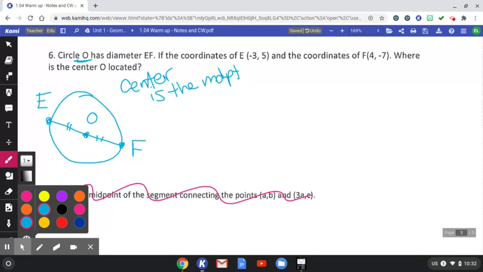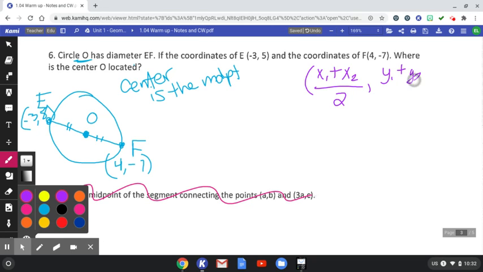So if E is at (-3, 5), if we graph that, and F is at (4, -7), we need to find the coordinates of its center. So our midpoint formula says x1 plus x2 divided by 2, y1 plus y2 divided by 2.